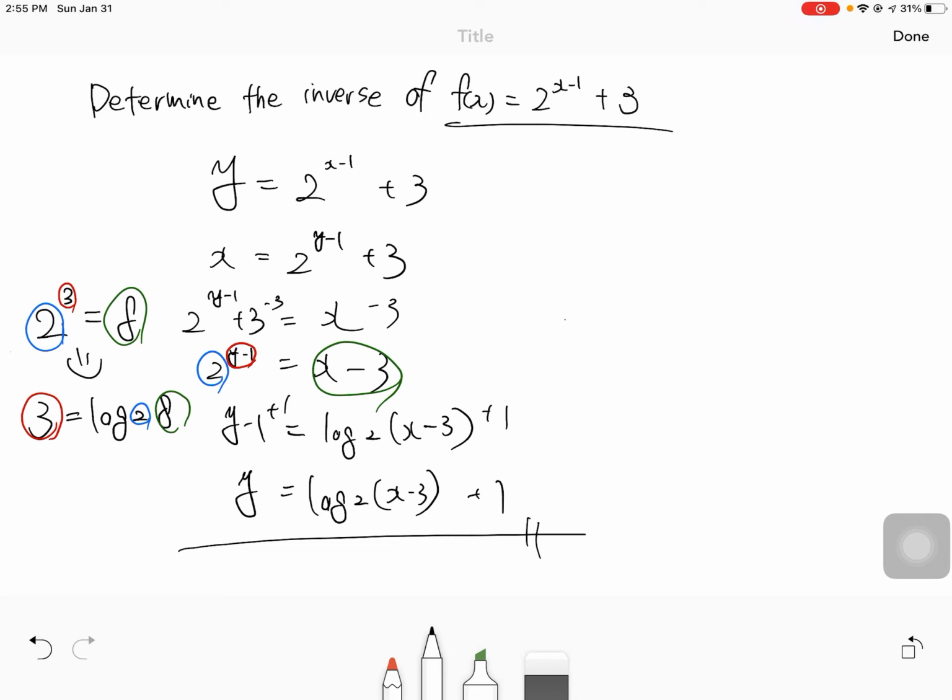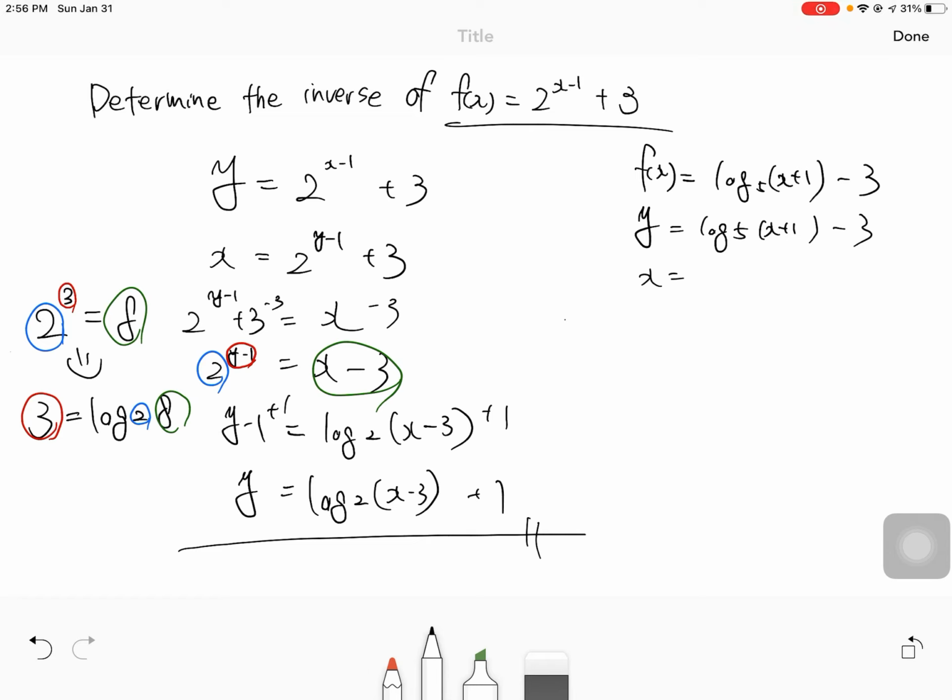Let's work on one more question. f of x equals log base 5 of x plus 1, minus 3. So do you remember the first step you have to do? First you need to replace f of x with y. Next you need to switch y and x.